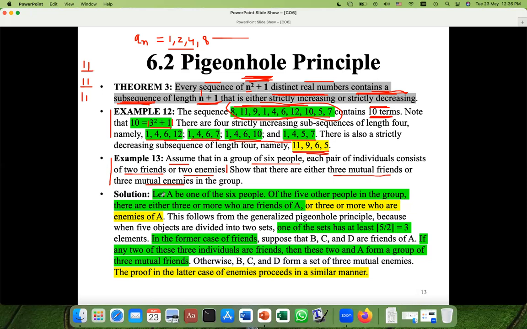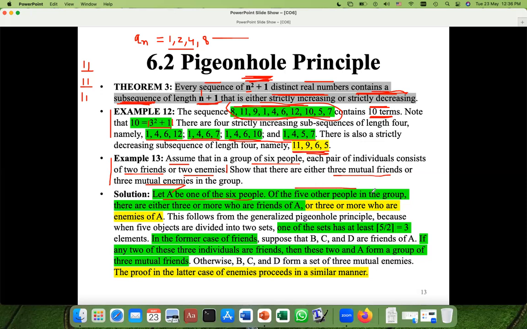For that, we are taking some person A separate from the 6 people. We are taking out one person from that group of 6 people, and that person is A. After that, the remaining people would be 5 in the group.